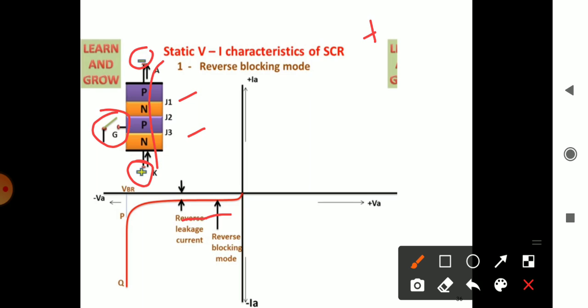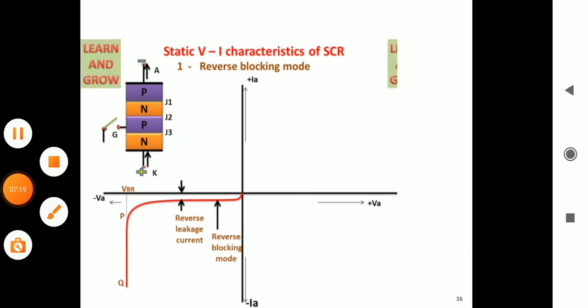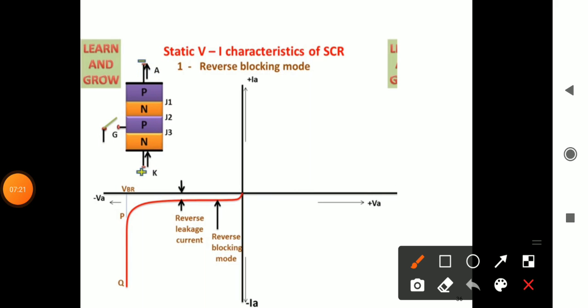Here we are drawing the VI characteristics graph, taking the voltage across the anode on the x-axis and the anode current on the y-axis. When it is in reverse bias, a small amount of current, in milliamps or microamps, will flow.